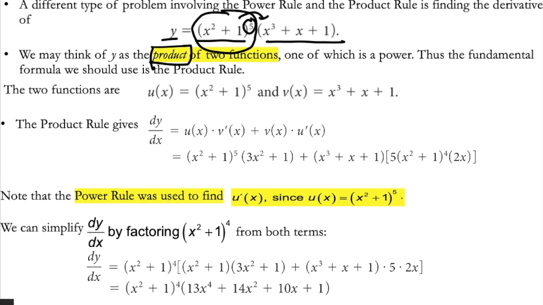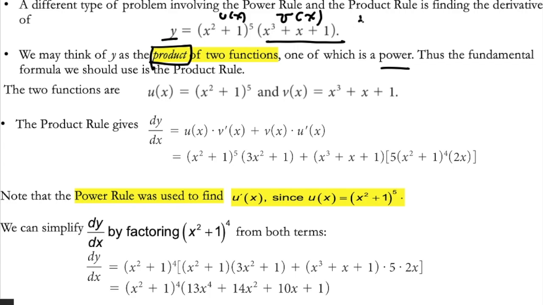Alright, now because it is the product of the two functions, we can basically apply the product rule. Let's consider this one as u(x), let's consider this one as v(x). So we already know the formula for differentiation or derivative.